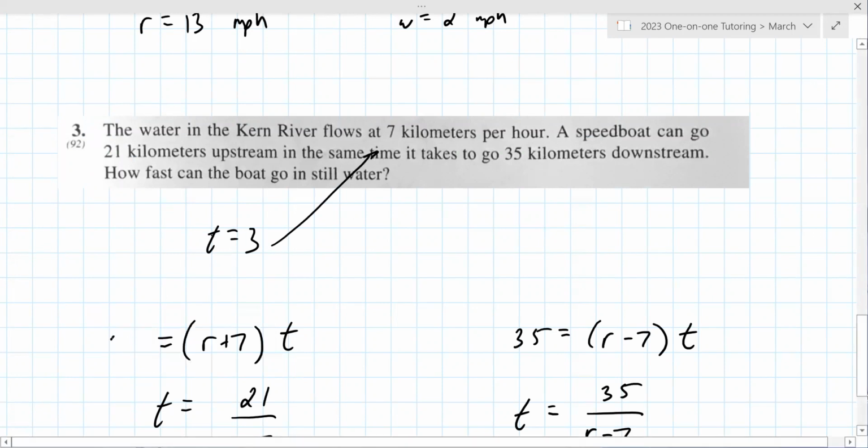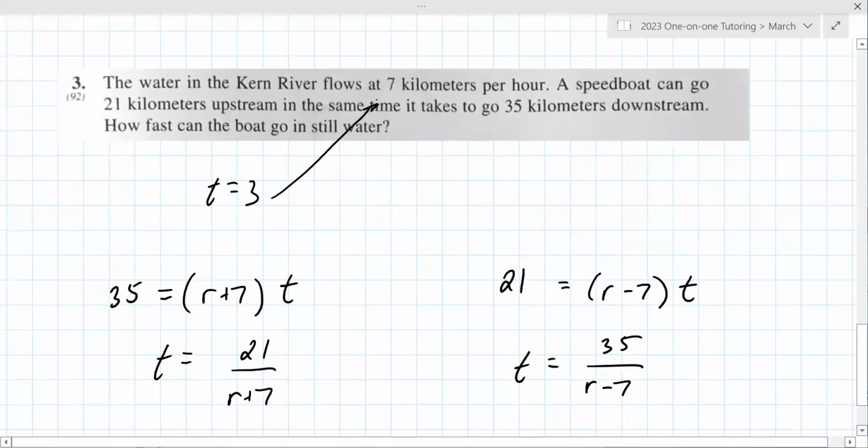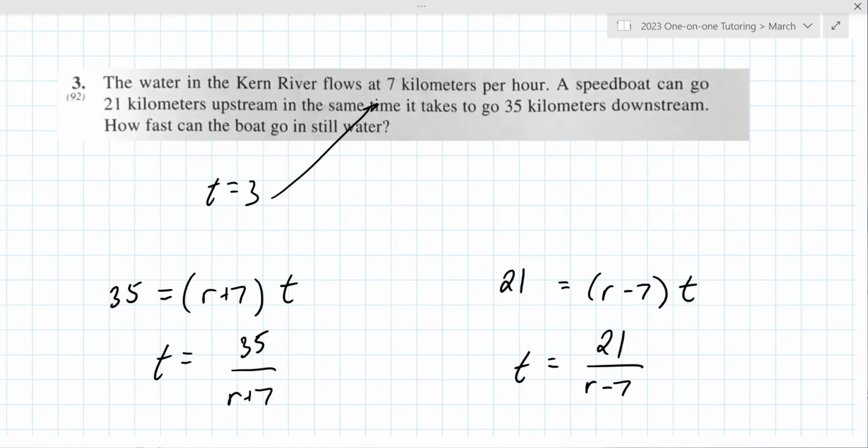It should be 35 upstream. I'm sorry, 35 down, and then the other one here. That's what's causing this problem, so we'll switch the numbers here, and now it will actually have a solution. Okay, so try that. See if you come up with something a little better.